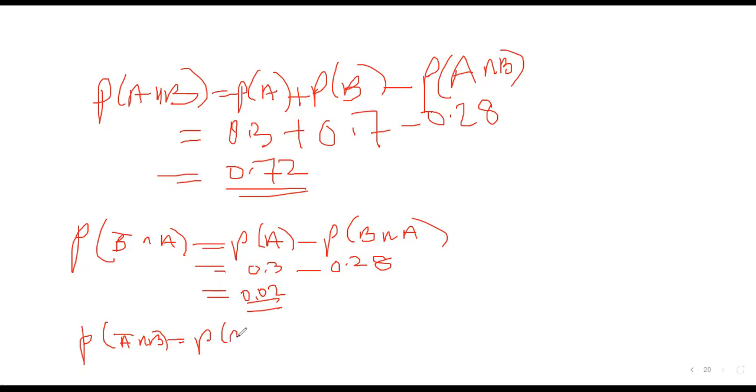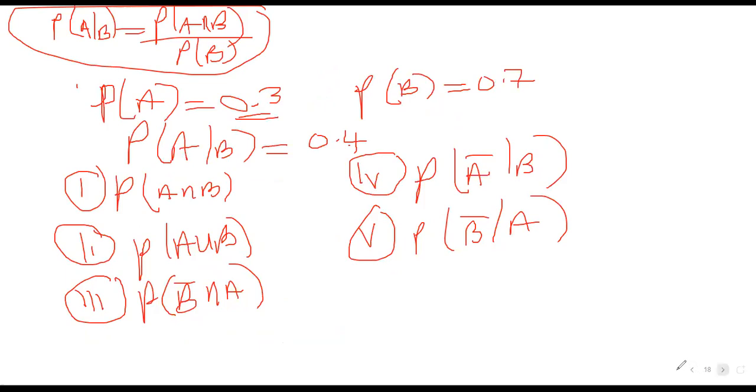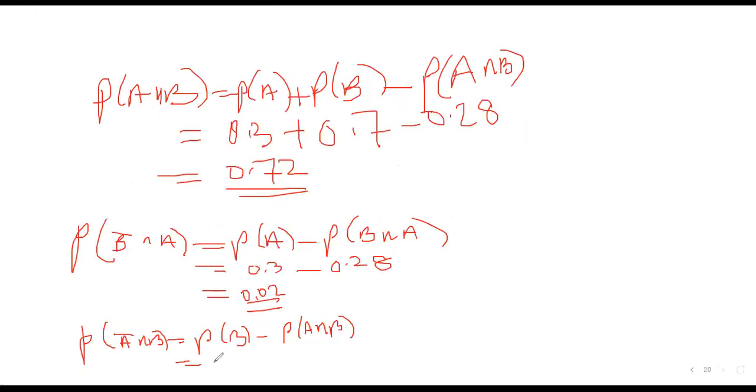So we get probability of B minus probability of A intersection B. So probability of B is 0.7, minus 0.28. All right, so this is 0.42. Correct. 0.42.